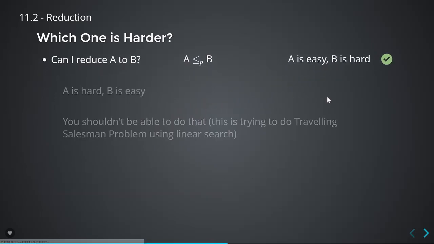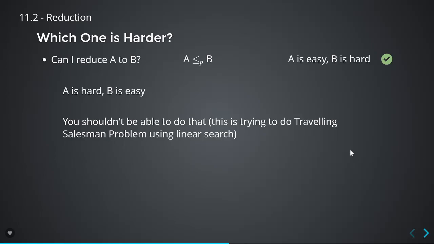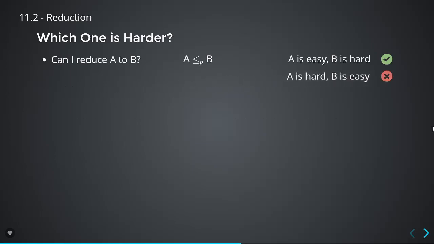Now, second case. A is hard and B is easy. You shouldn't be able to do this. That's like trying to do traveling salesman using linear search. If something is hard, then it is hard. You can't do something hard in an easy way. In fact, if you think that something is hard, but you can actually do it in an easy way, for example, if you think A is hard, but you can convert A to B, and then B is easy, that actually means that A is easy, right?